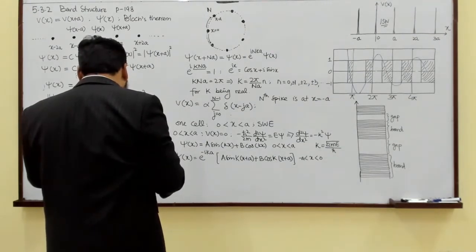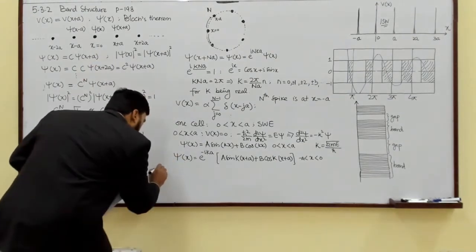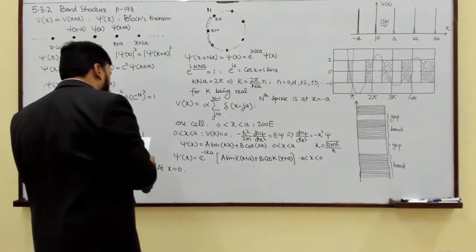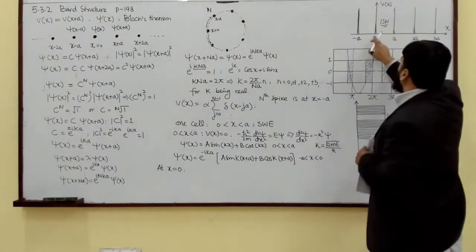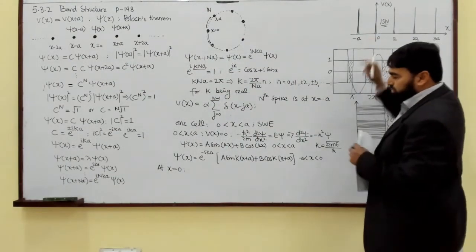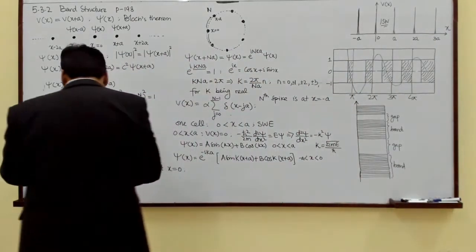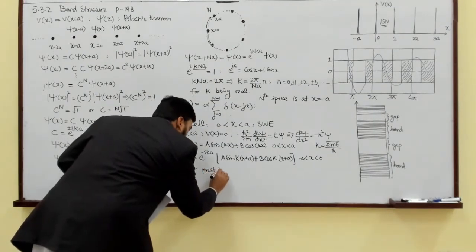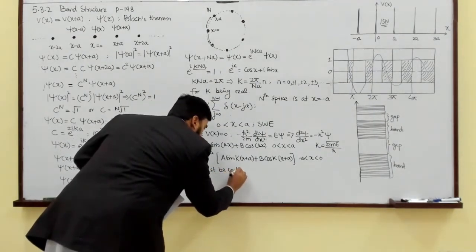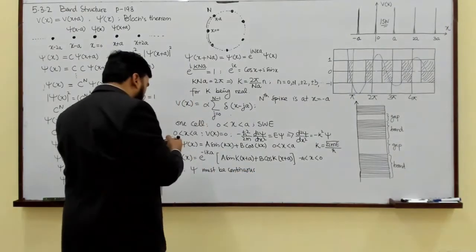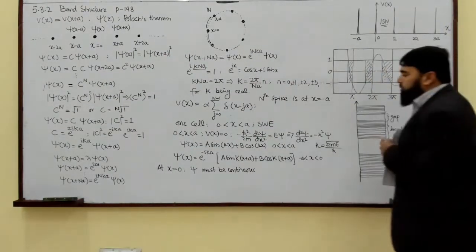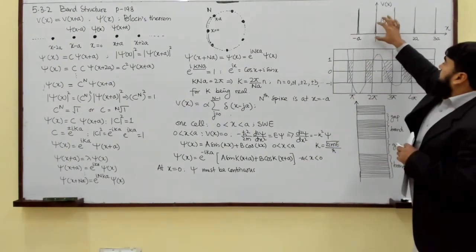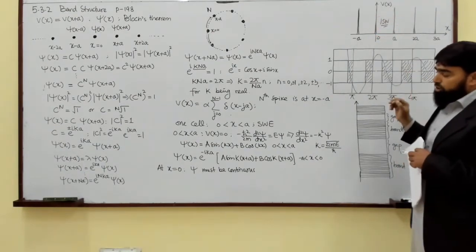Now at x equal to 0, when I'm exactly at x equal to 0, meaning the boundary here, I know that psi must be continuous, meaning there will be no breaking in psi. Because when we solve a differential equation, we put boundary conditions on it.